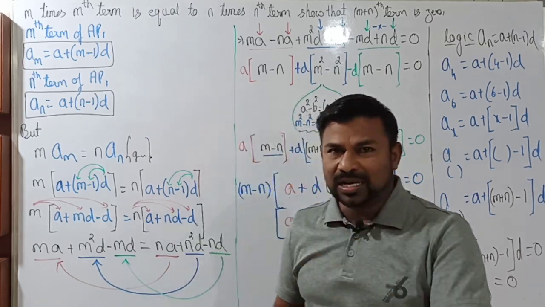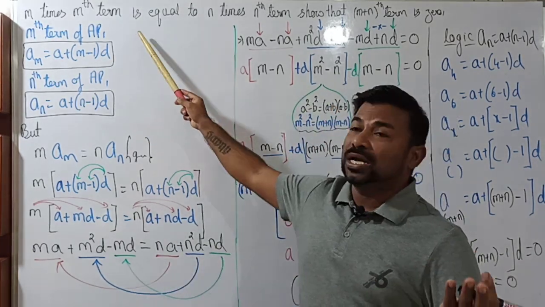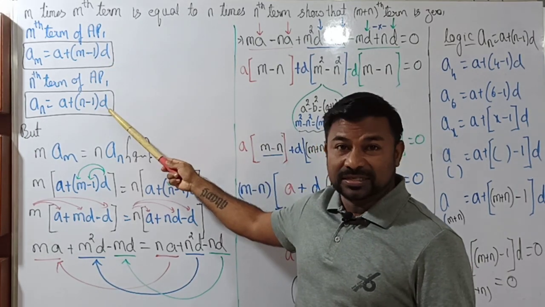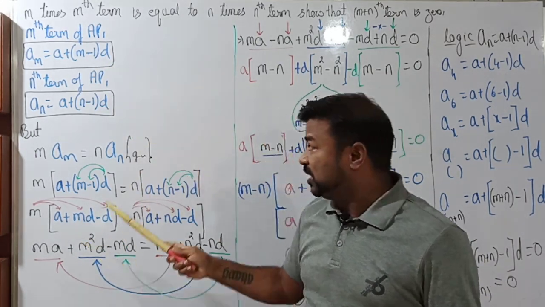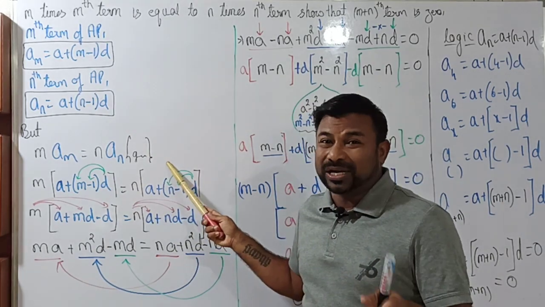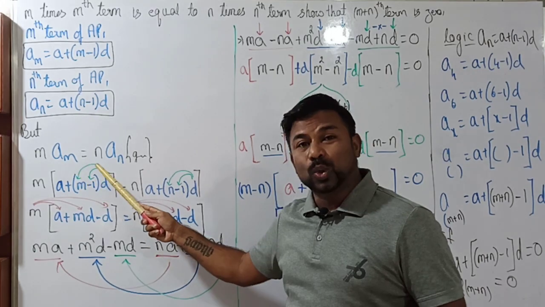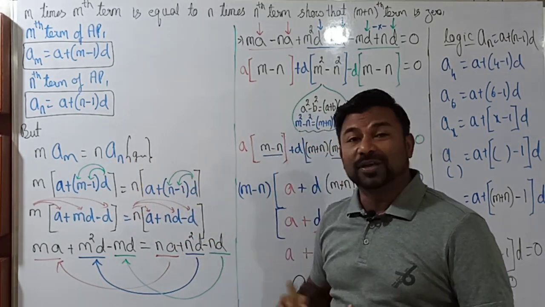To get that, let us start the sum. We know the mth term is a plus (m minus 1) into d, and the nth term is a plus (n minus 1) into d. This is the condition given to us.